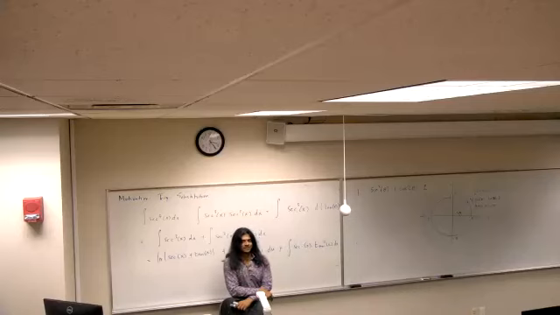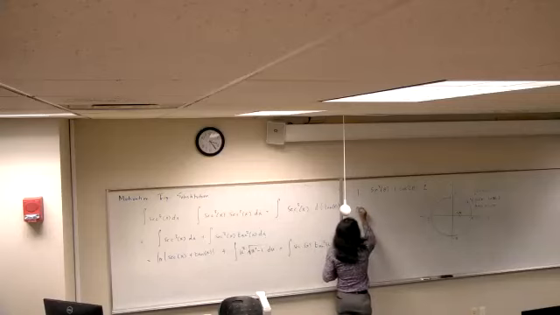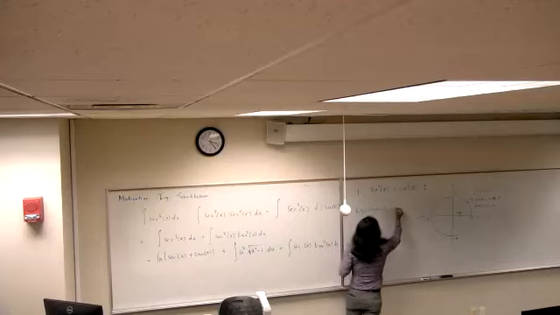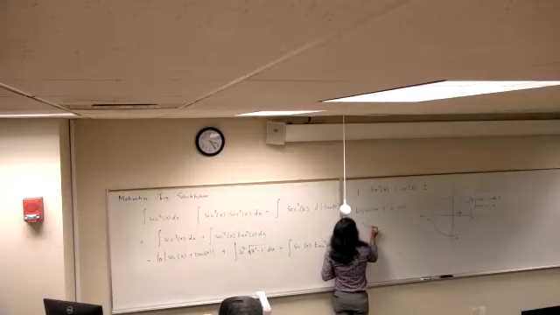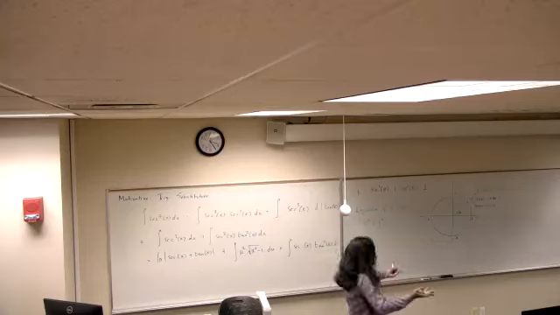X squared plus y squared equals R squared. What is R, Bryce? The radius.